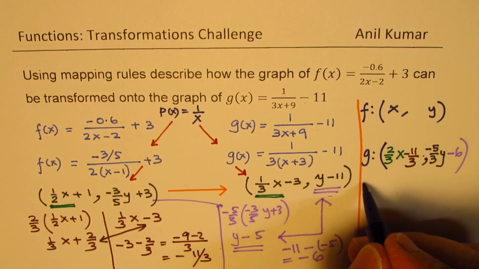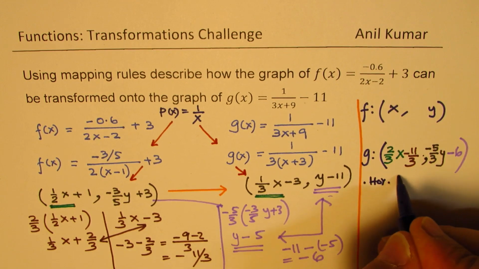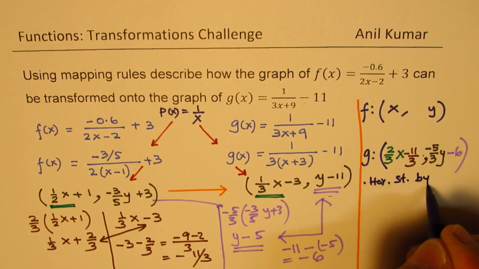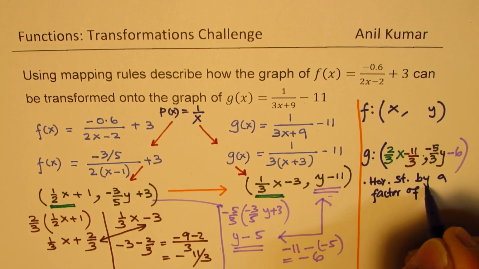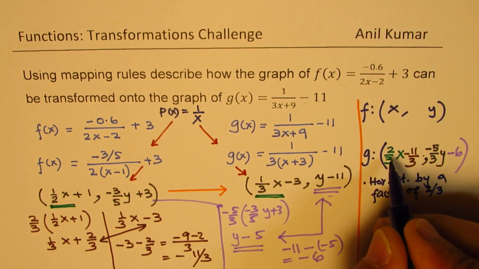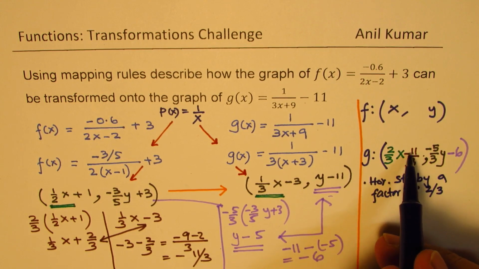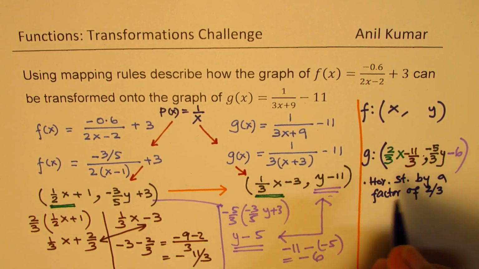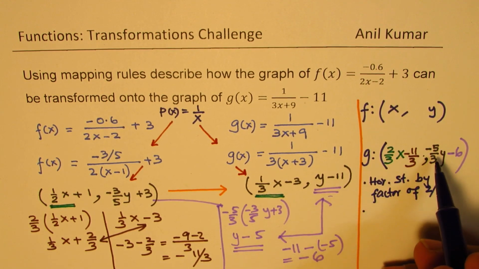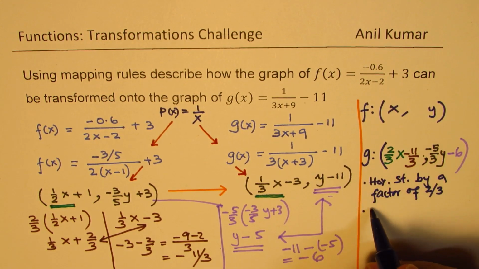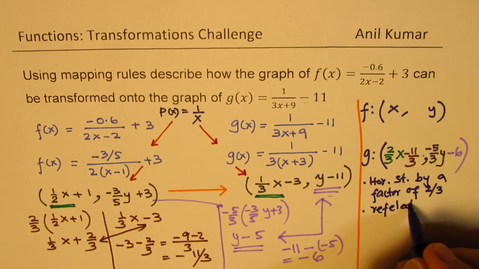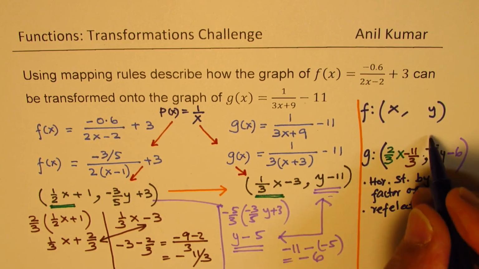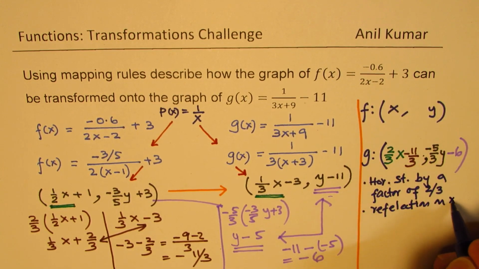So the first part is horizontally stretched by a factor of 2 over 3, and then translate left because this is minus. We should write vertical first. Reflection on the x-axis, since this is vertical.